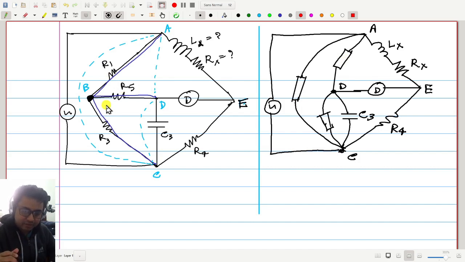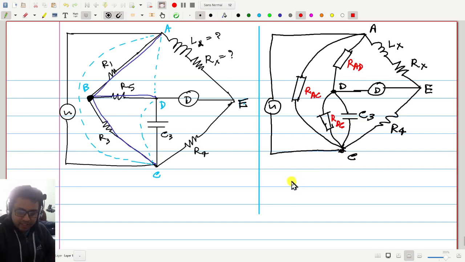Do you remember? So will it be R1 R5 by R1 R5 plus R5 R3 plus R1 R3? It's the AB, BC, CA by opposite one. Let me call it RAD. So it is product by summation, right? Like product of two adjacent resistances by summation. RAC and RDC. Okay.